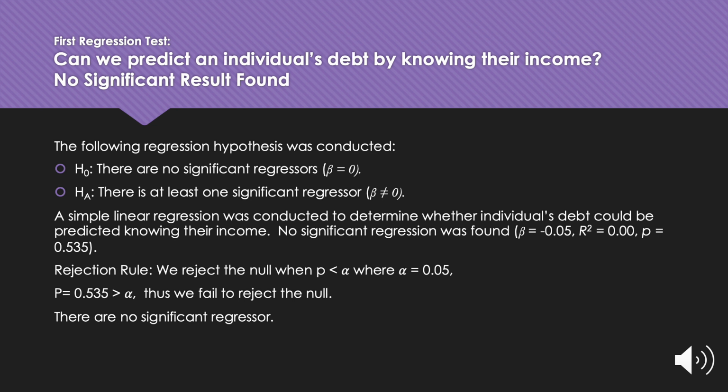With the rejection rule, we reject the null when p is less than alpha, where alpha equals 0.05. Here p equals 0.53, that is greater than alpha, thus we fail to reject the null hypothesis. Therefore, there is no significant regressor.